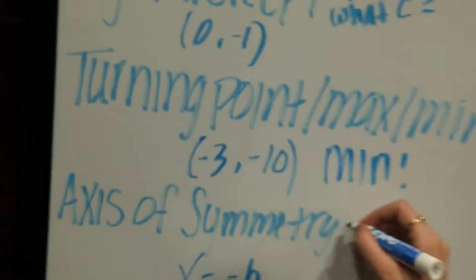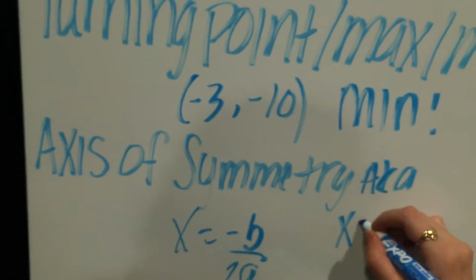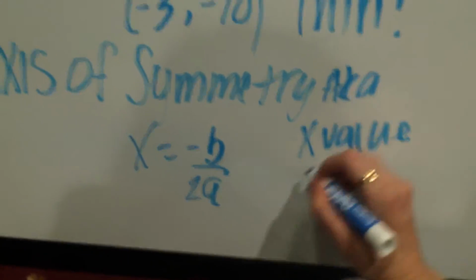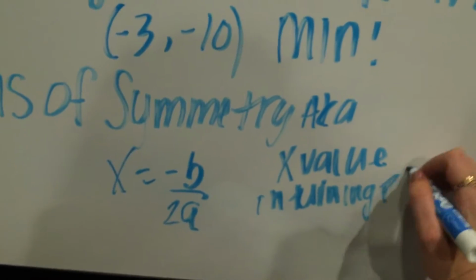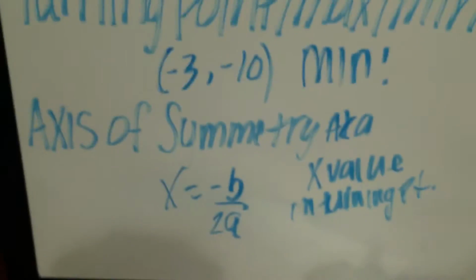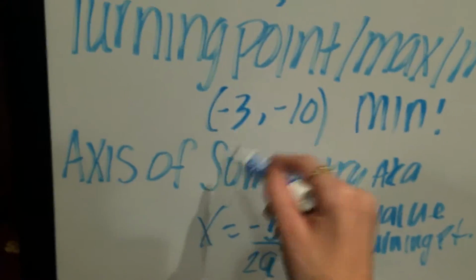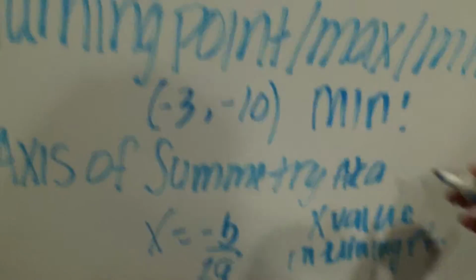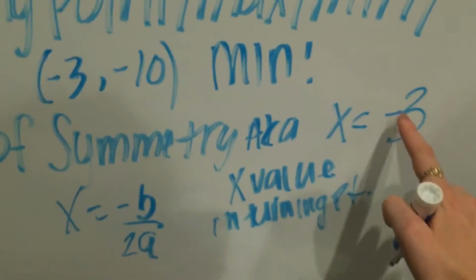Now, a trick: the axis of symmetry is also the x value in your turning point. Here's our turning point. x is equal to -3. So our axis of symmetry, which is always an x equals, would be x equals -3.